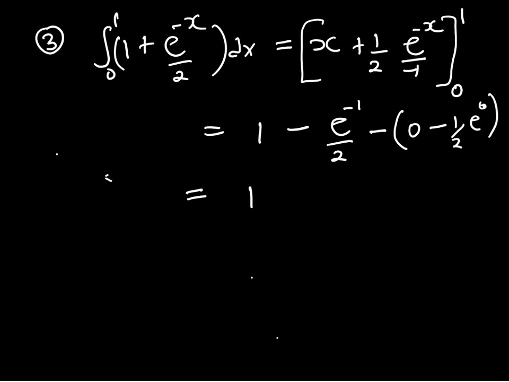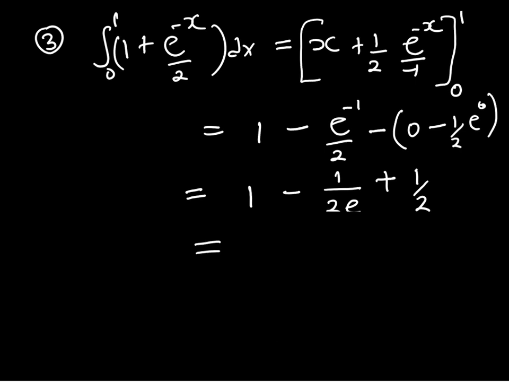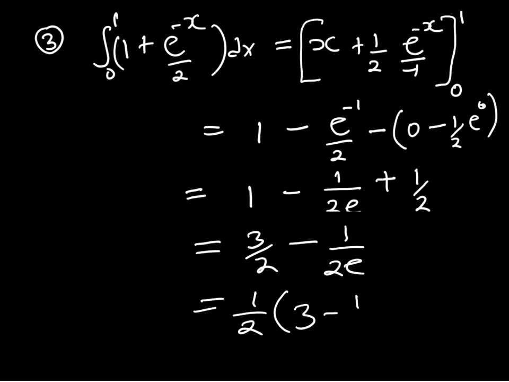So this is going to be 1 minus 1 over 2e, then plus a half. And therefore we have 3 over 2 minus 1 over 2e. Or if you are too much of a person who wants to factorize, minus 1 over e. And that's the answer.